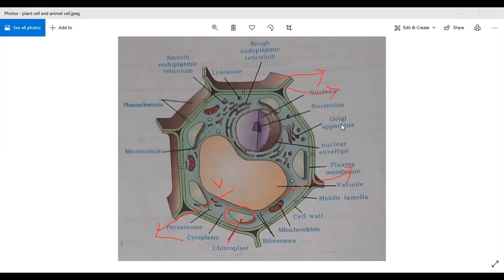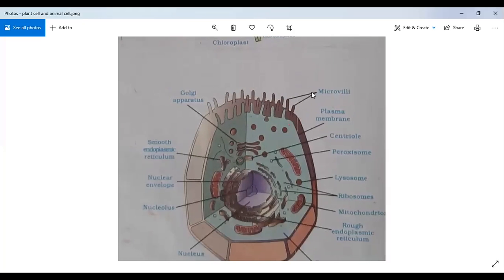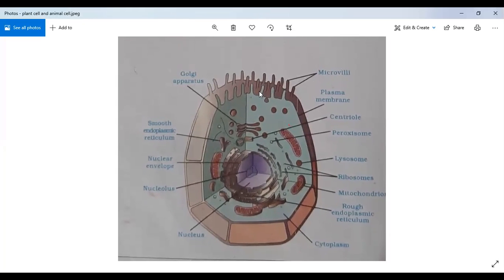When you come to the animal cell, we can also see the differences between the plant cell and animal cell by the lack of a cell wall in the animal cell. There is no cell wall in an animal cell, no chloroplasts or plastids are seen in an animal cell, and they have no vacuoles here.